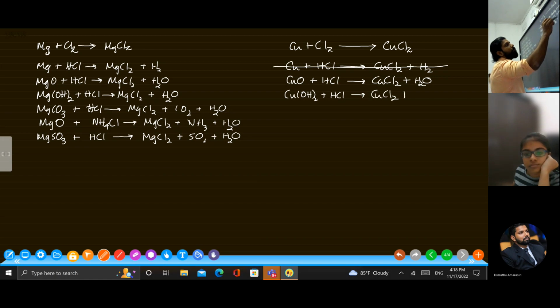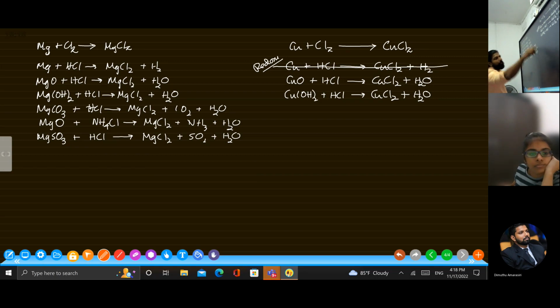Metal reactions are redox reactions, so the reactivity series matters. Is that clear? You can write all the rest of the reactions.